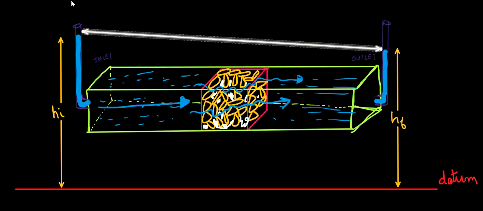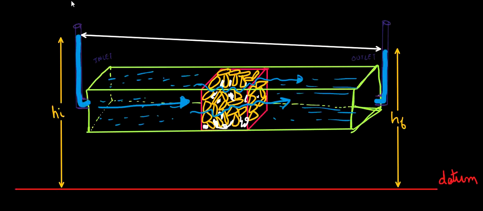So there is for sure a head difference across the two points. Now to calculate the head difference, we will use simple mathematics and subtract hf and hi. So suppose we obtain a value of delta h.